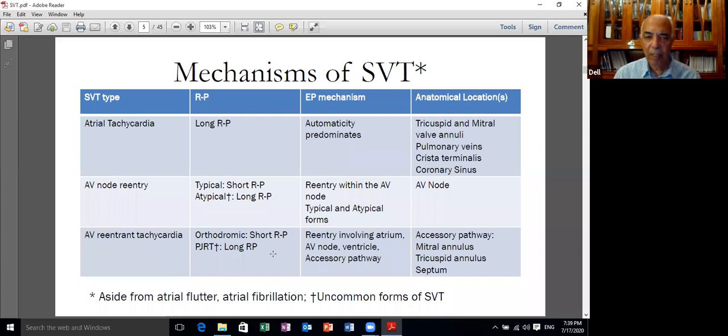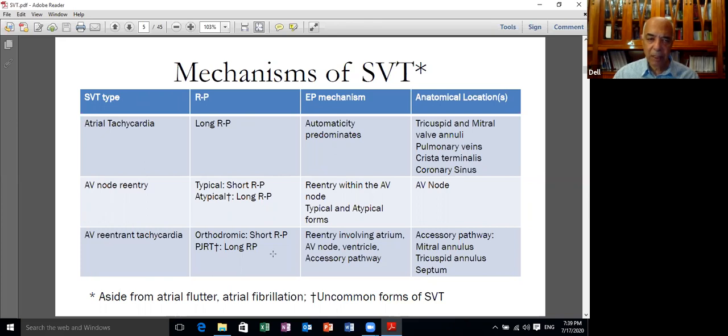There is another AV re-entry tachycardia called the paroxysmal junctional reciprocal tachycardia. It's a misnomer, and this paroxysmal junctional reciprocal tachycardia is actually an orthodromic tachycardia. It is associated with conduction down from the atrium to the ventricle across the AV node, and then a posteriorly located long decremental pathway posterior to the septum back to the atrium.